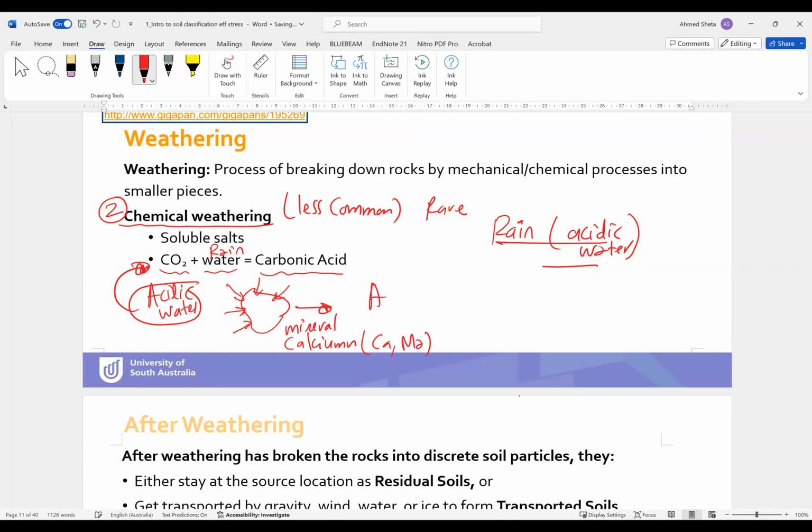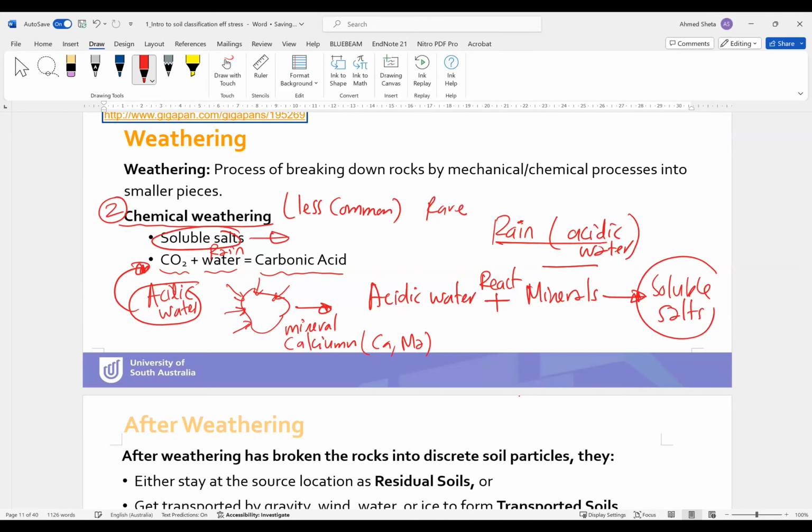So the acidic water reacts with the minerals inside the rock and causes soluble salts. So these soluble salts are a result or product of the reaction of acidic water plus the mineral. These soluble salts are soft and cause the rock to break down. Okay.